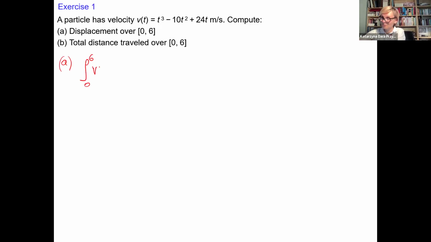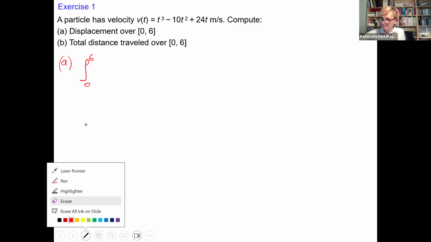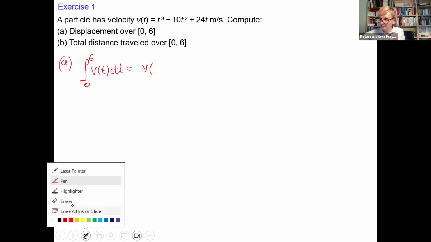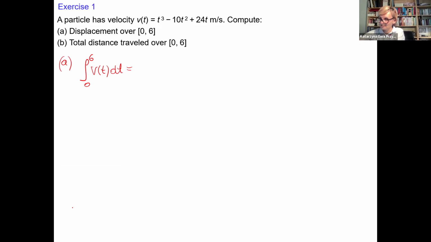Between 0 and 6, we can just integrate the velocity, and we will get the distance between 0 and 6. The distance at 0, distance at 6, but at 0 it is 0. The difference will be the displacement. The position at 0, position at 6, that's the displacement.